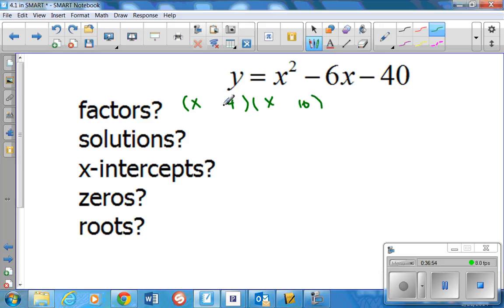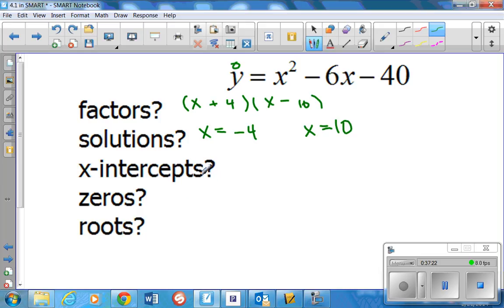And negative, positive. So there are the factors. If those are the factors, then what are the solutions? What x's would make this statement true if I were to put a 0 there? Okay, x equals negative 4, x equals 10. That's my solutions. What are my x-intercepts?